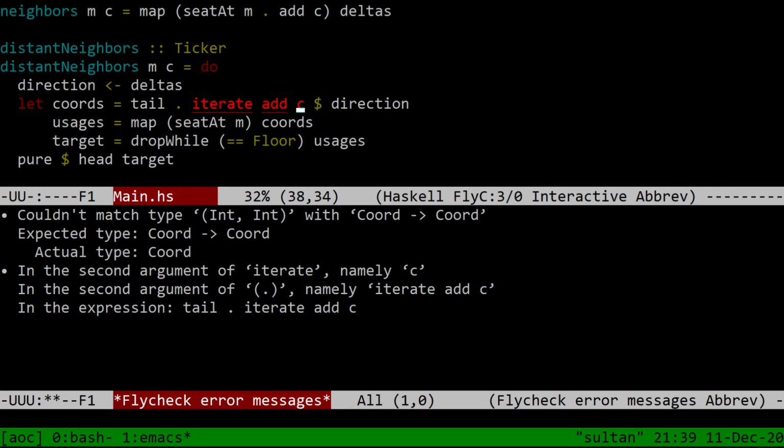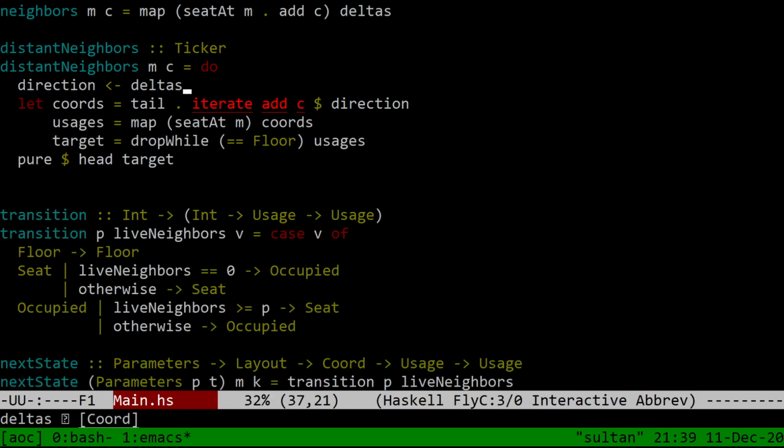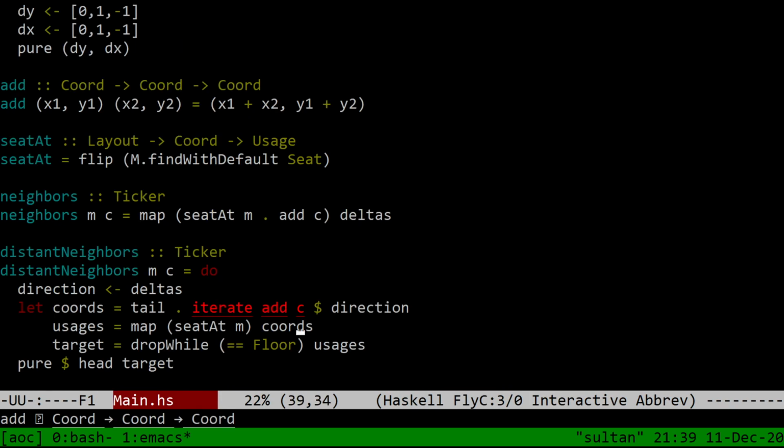So I have a single direction, and I want to iterate. Oh. Oh. Because I'm not actually using deltas, it's just the delta directions.